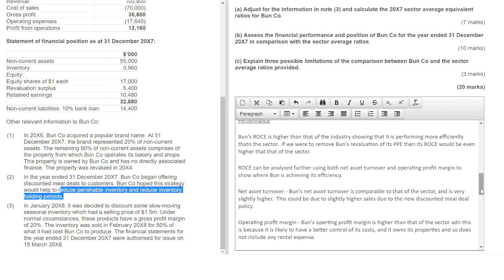Okay, there we go. I think that's the key reason why this business is outperforming the rest of the sector, isn't it?